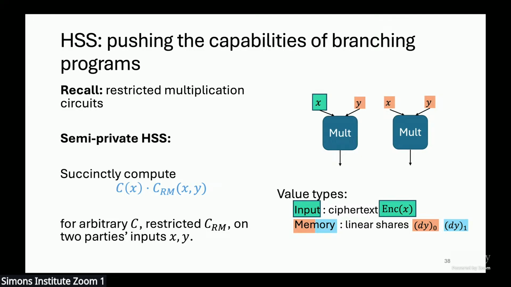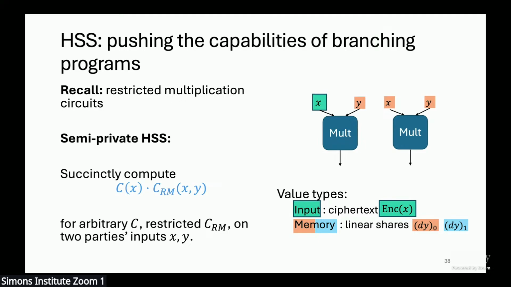So two parties who have inputs x and y can use this construction to succinctly compute any program of the form: some arbitrary polynomial size circuit C of x, multiplied by a restricted multiplication or branching program circuit applied to both of the inputs x and y. So you're extending the branching program with the ability to apply an arbitrary circuit to the same input of one party and multiply it into the output.